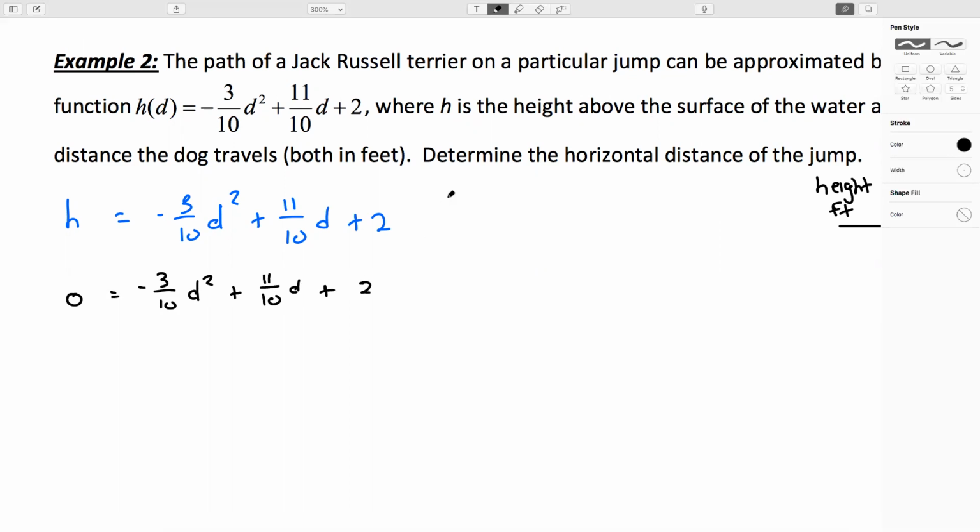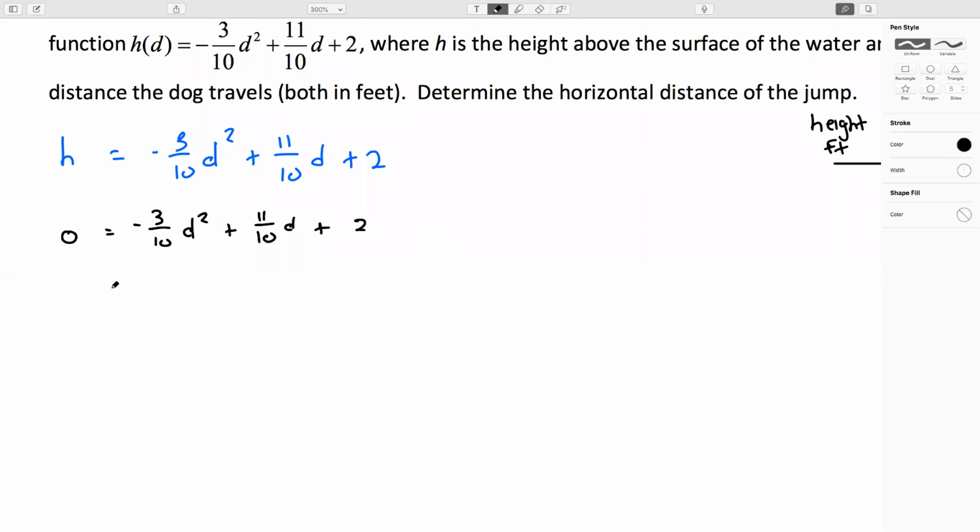And now we have to factor this, and it's going to be a little bit ugly. We've got fractions. If you remember before the break, when we had fractions like this, they needed to be eliminated to solve this. So what I'm going to do is I'm going to multiply everything by 10, and I'm going to eliminate my 10.